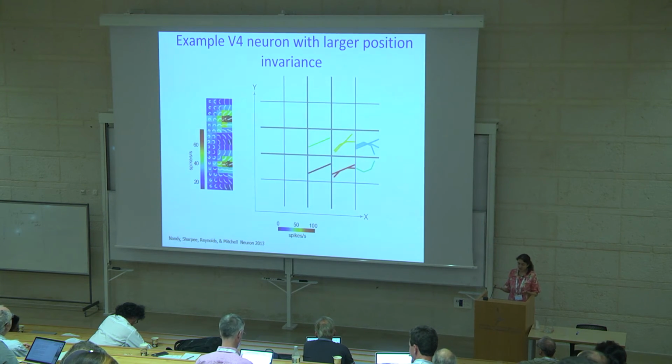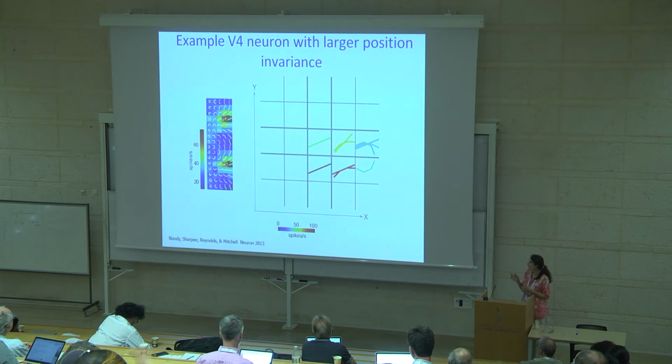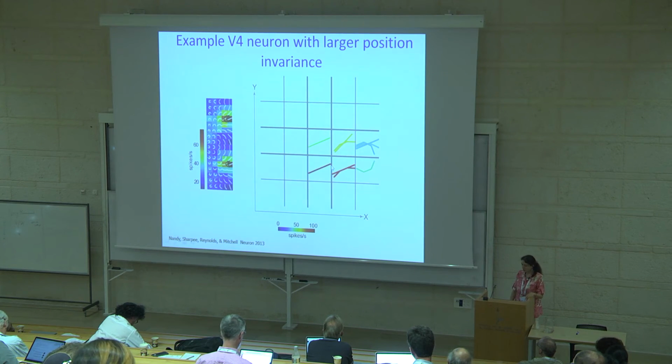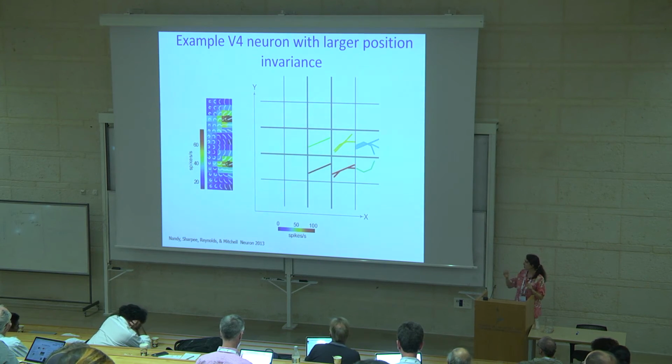And actually what they found was the same phenomenon, such that neurons that had larger position invariance had shallow curvature. So here is one example of the preferred line segments for this neuron, and plotted are all segments that had more than 95% of the peak response.